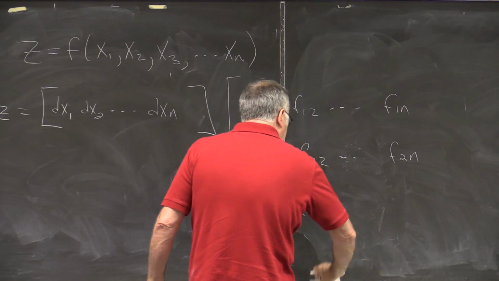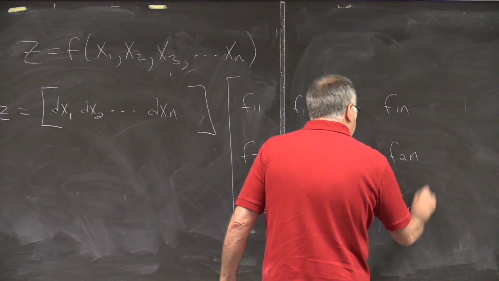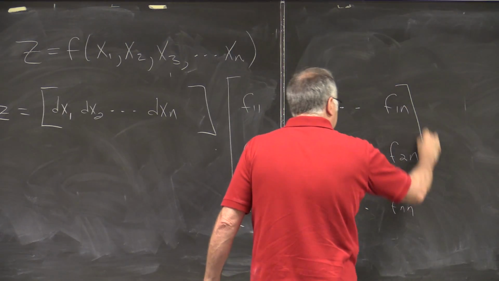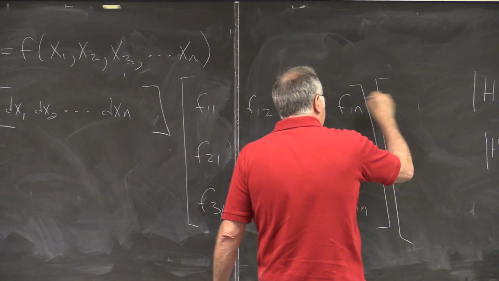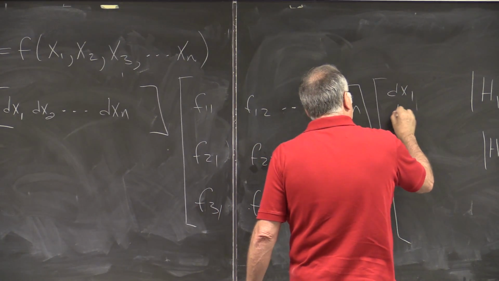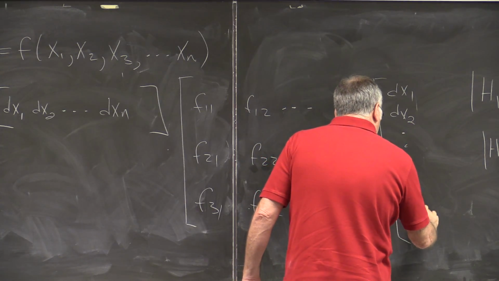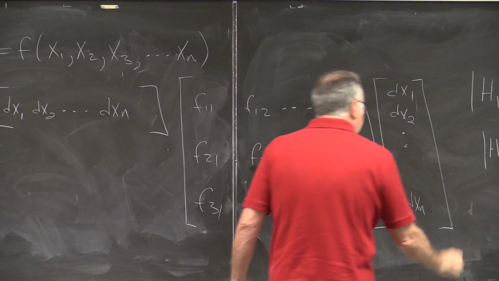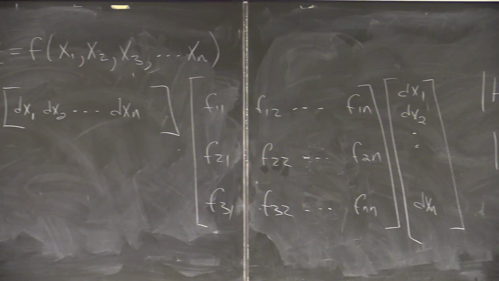And let me erase that and do dot, dot, dot. And this vector here would be n by 1. This would be a quadratic form now in n variables. And the mathematicians have shown that the second order total differential can be expressed this way.